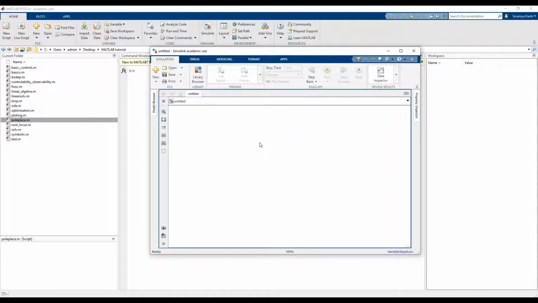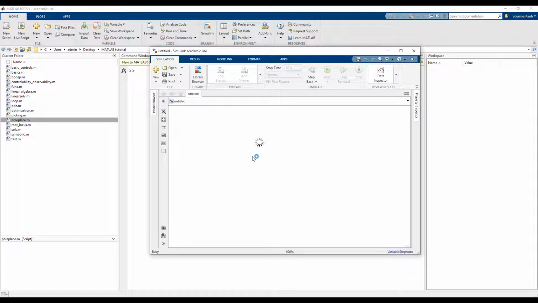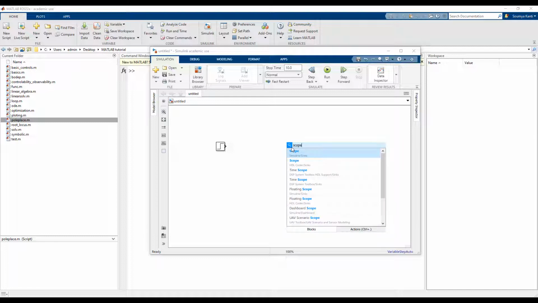What you do is double click on the blank space and start typing. This is a step, so I'll click this. This is a step function. I can also get an output of the system. For the output, I'll get a scope. It's called a scope. Okay, so this is a scope.